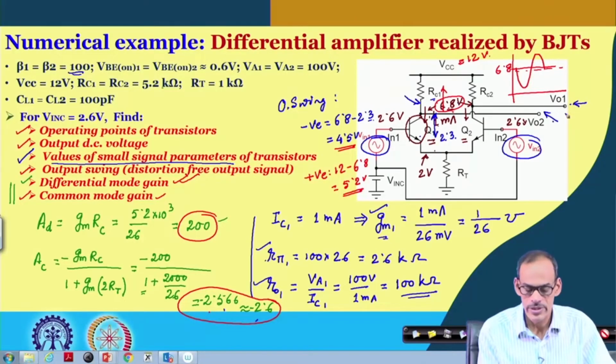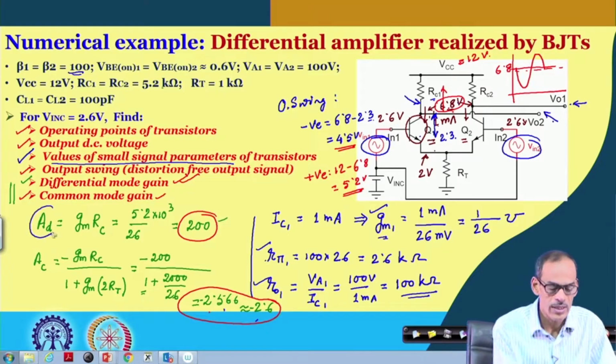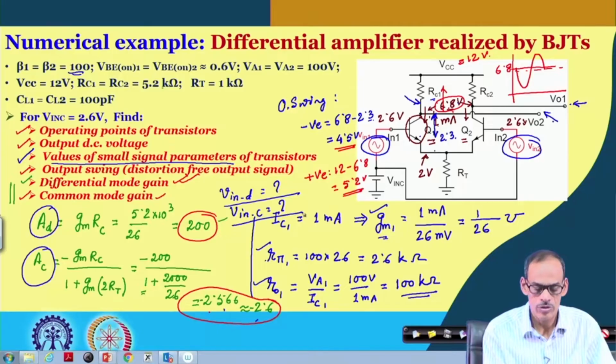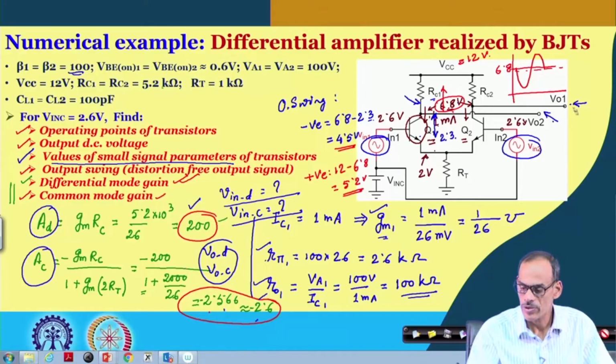And to get the individual signal, first of all, based on this AD and AC, as we have done for the macro model based numerical example, first thing is that we need to see what is the differential input, and then what is the common mode input, and then we multiply this differential and common mode component of the input by their respective gain to get the VOD and VOC, and from that we can find what will be the individual signal.